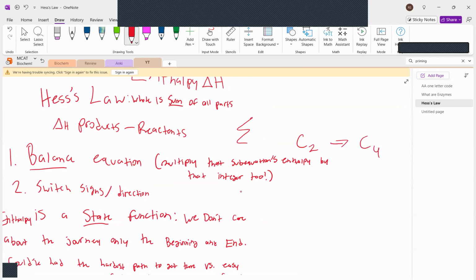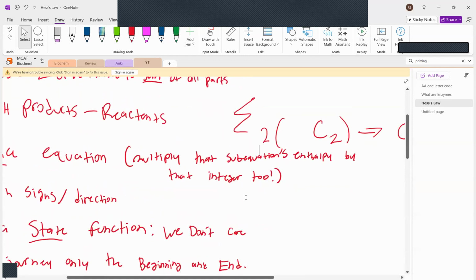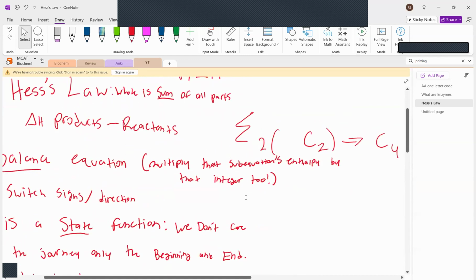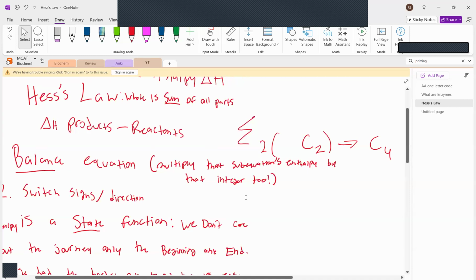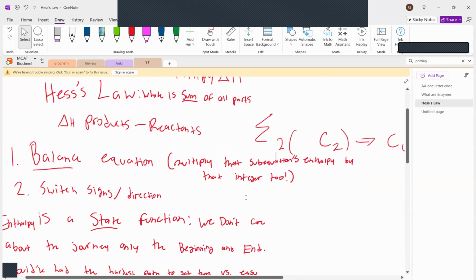So you need to multiply this side by two in order to have an equivalent carbon number, and then you multiply that subequation's enthalpy by that integer too. I'll explain that in a minute when we get to a practice problem, because it's hard to do without the math.